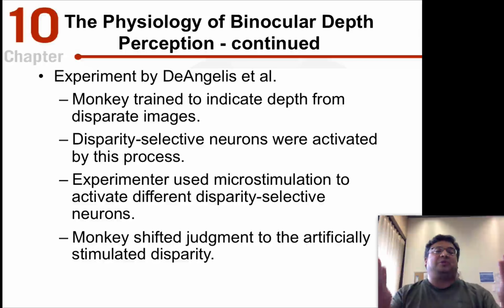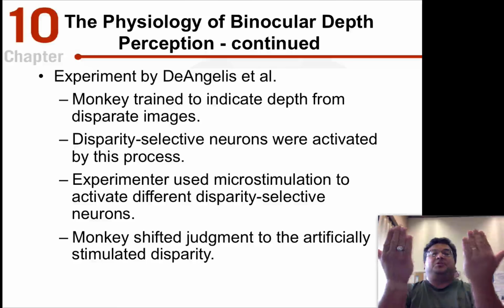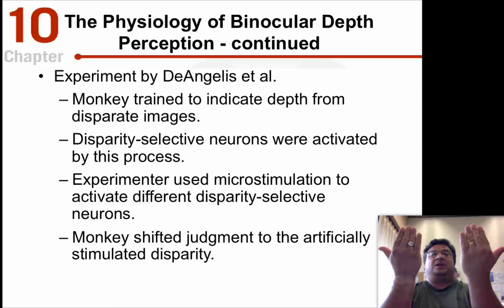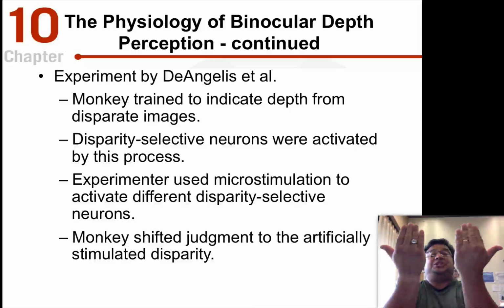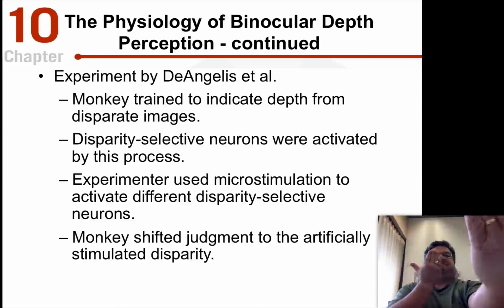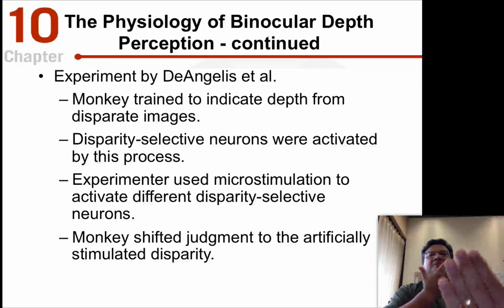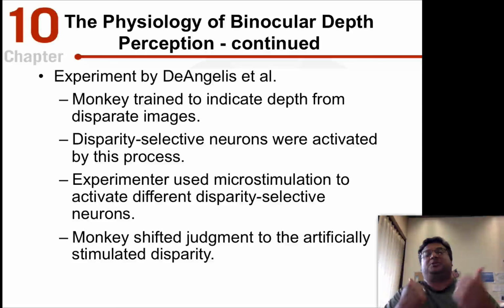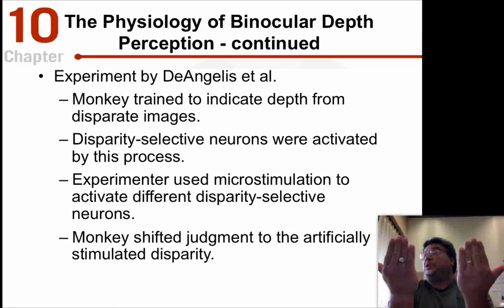So if the monkey was looking at, for example, an image where the two objects were right next to each other, the monkey was trained to push a button if the objects looked like there was a lot of distance between them. But what DeAngelis found was that they were able to get the monkey to think that there was depth in an image where there wasn't any depth.